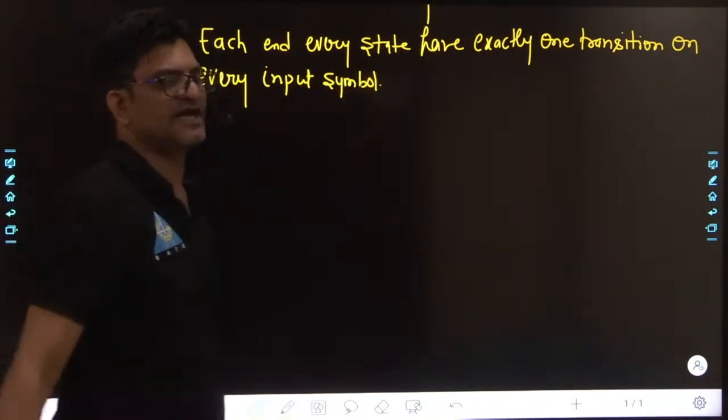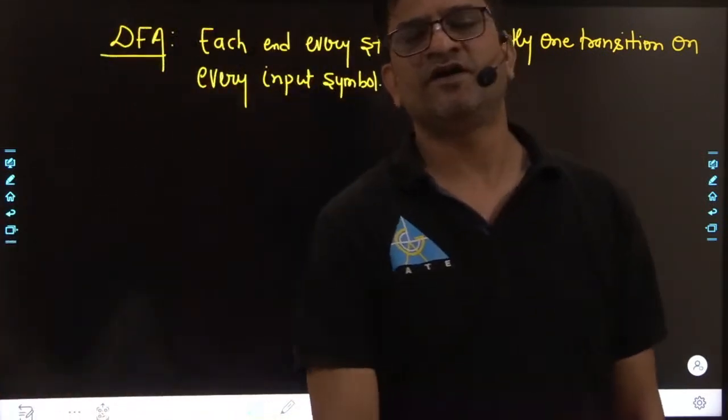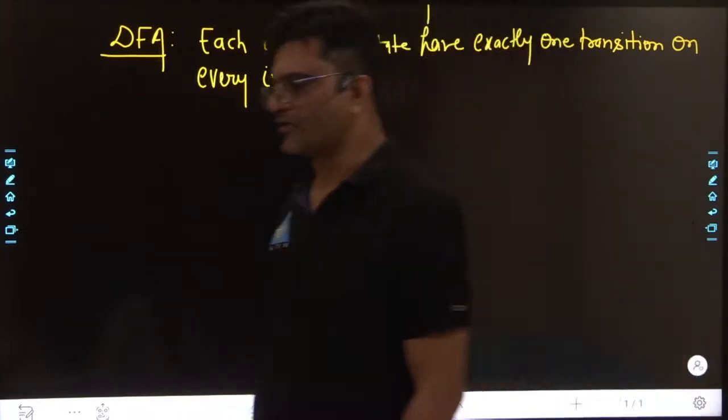Each and every state has exactly one transition on every input symbol. Clear?